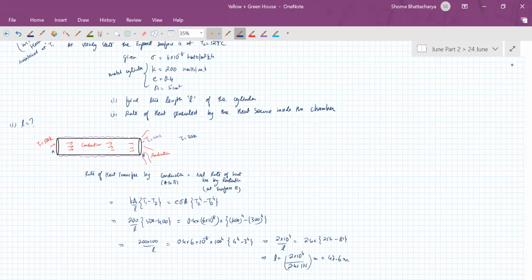Of course, you have to assume that the walls of the thermal chamber are perfectly insulated. So all the heat generated by the heat source is just getting lost by conduction. So the rate of heat generation is nothing but the actual rate of heat conduction in joules per second or watts.